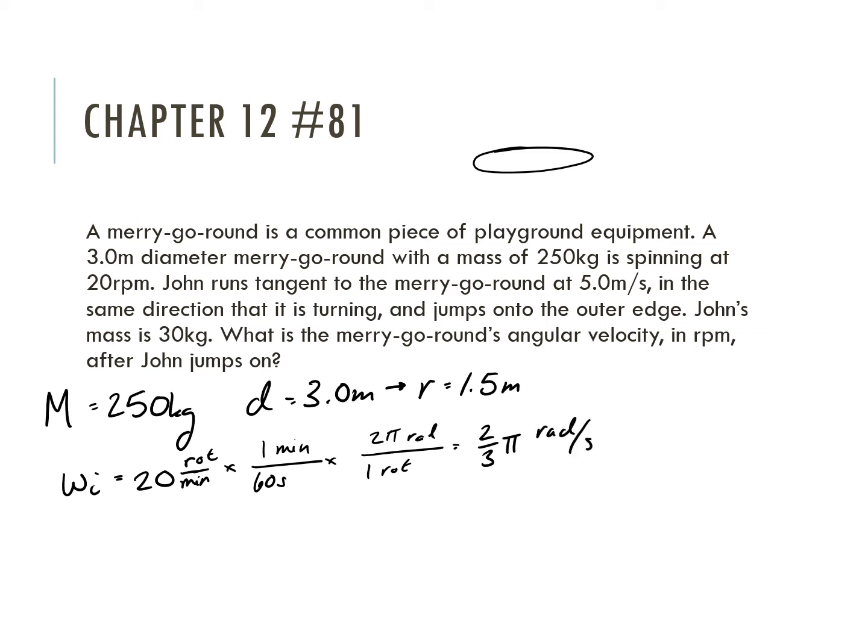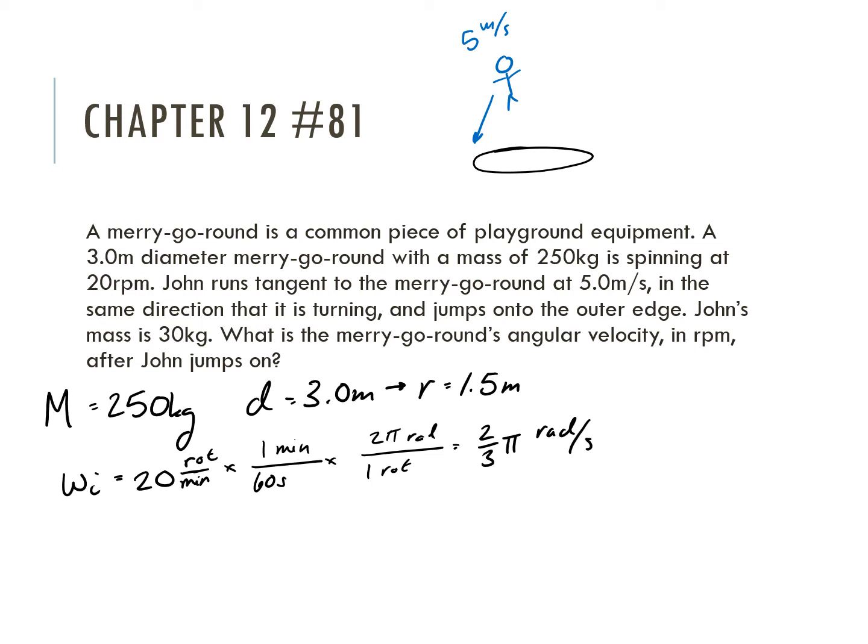I'm going to leave it like this so that I don't accidentally round too soon. So John runs tangent to the merry-go-round at 5 meters per second. John is running in this direction at 5 meters per second and jumps onto the outer edge.